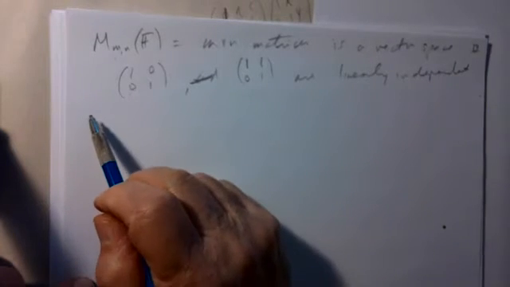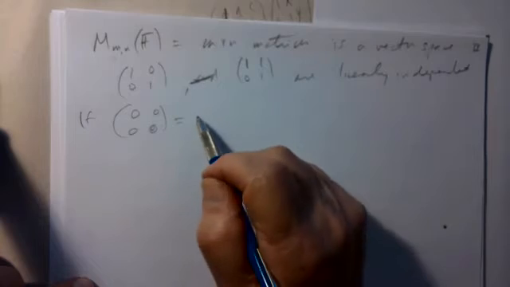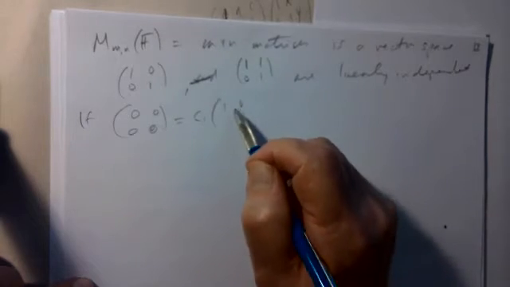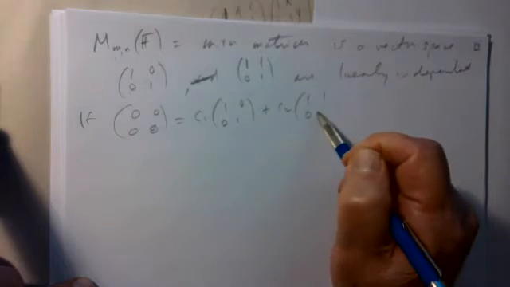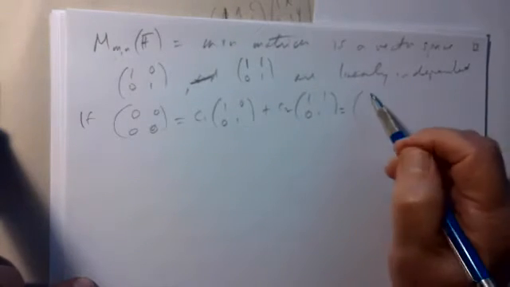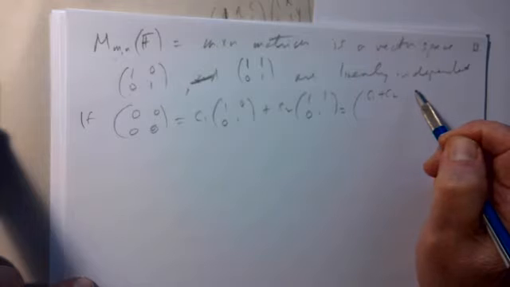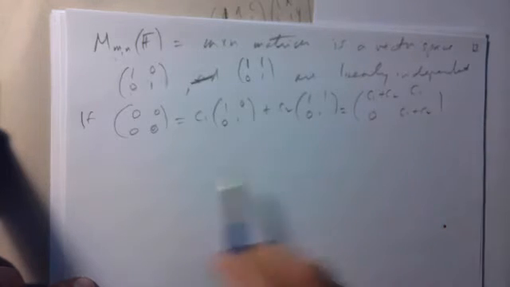Why? Because if the 0 matrix, that's the 0 in this vector space, is some linear combination of these two, when you add these two matrices together, you get C1 plus C2, C1, 0, C1 plus C2.